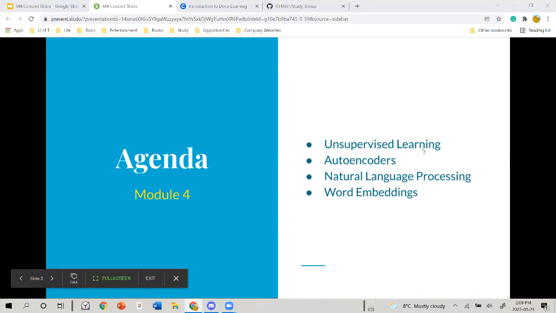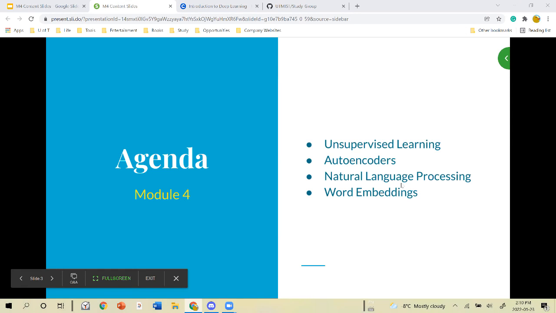The agenda for today will start off with an intro about what is unsupervised learning, although I think some of you might know already. We'll talk about auto-encoders, which is one type of how unsupervised learning is applied. And then we'll also talk about natural language processing, which is also an example of unsupervised learning.